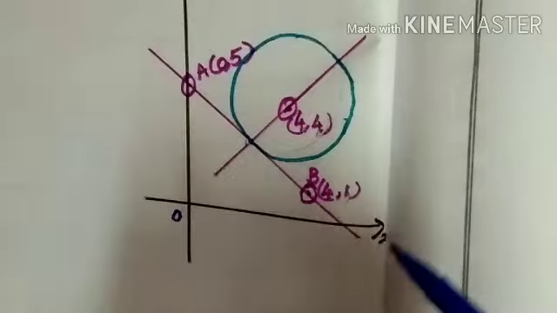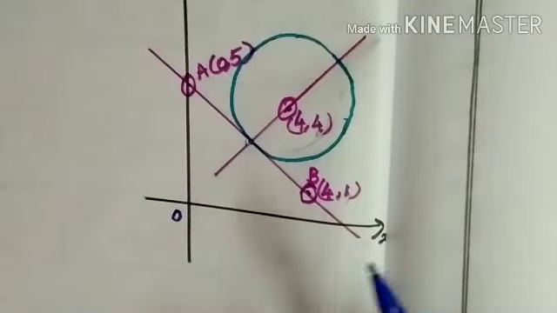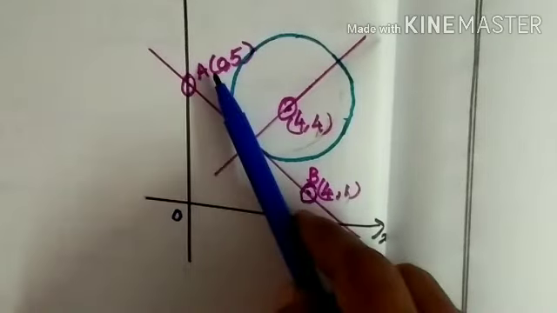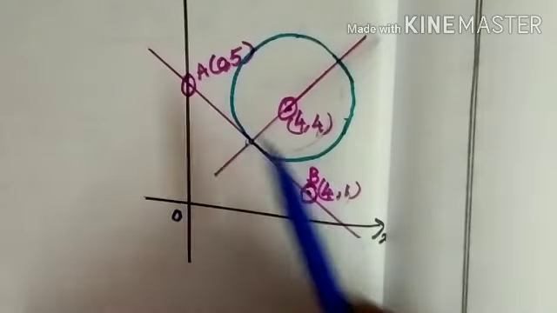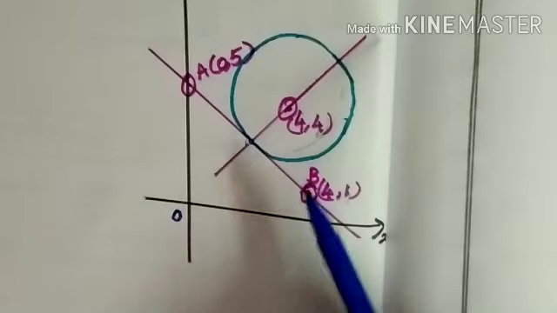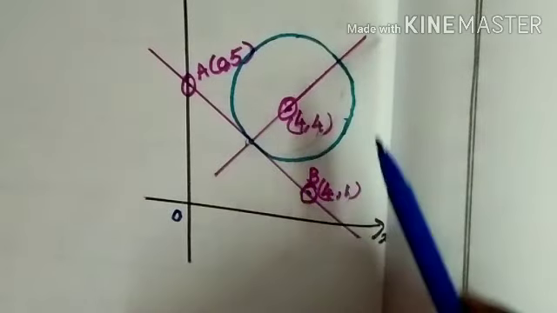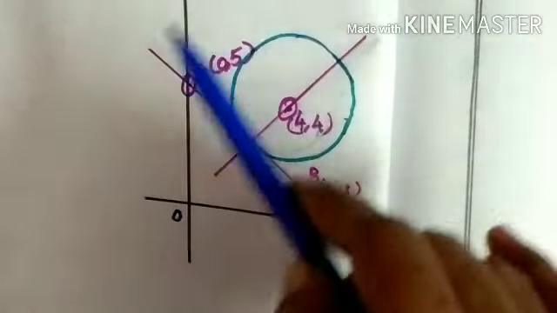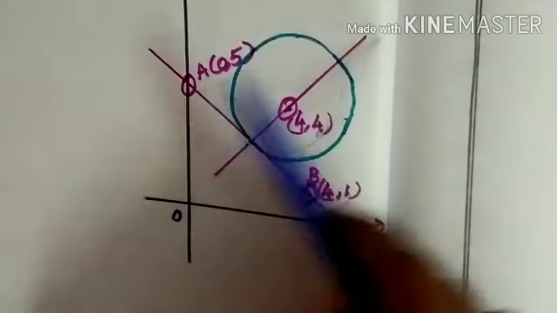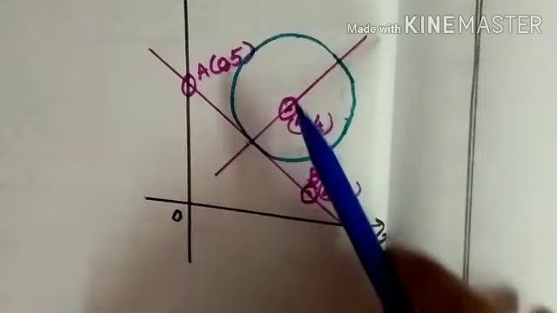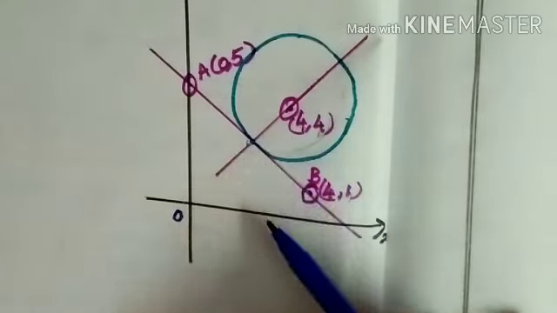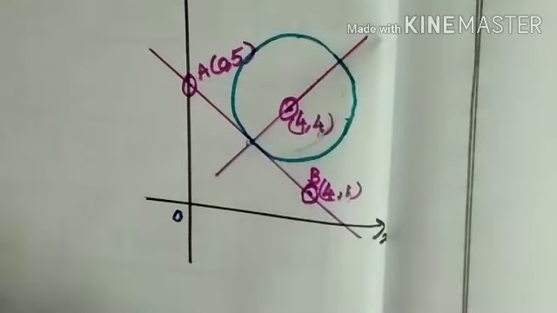In the question, first given is the line joining the points A(0, 5), B(4, 1) is a tangent to a circle, then the center of the circle. First you mark the given points A(0, 5), B(4, 1), then the center of the circle (4, 4).